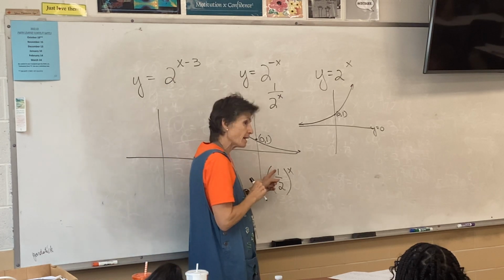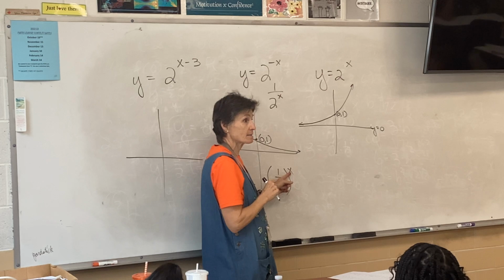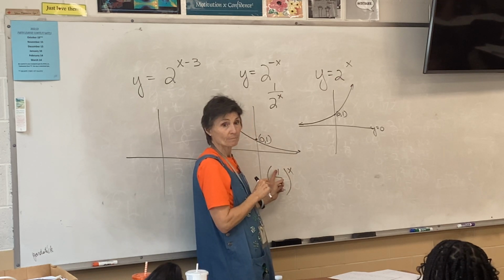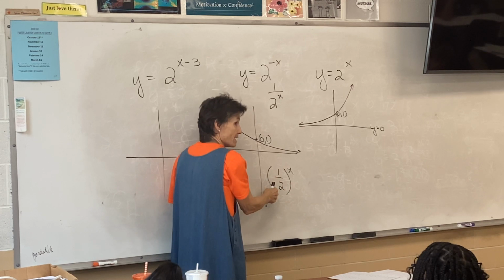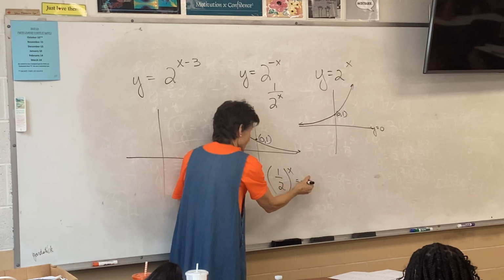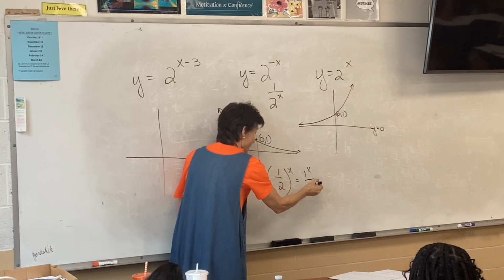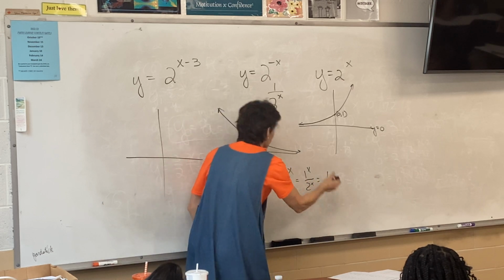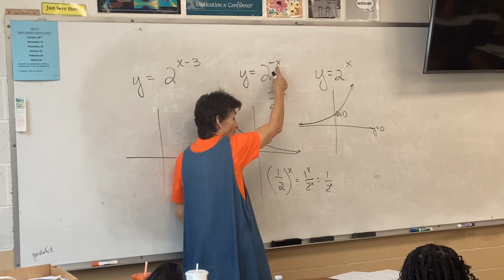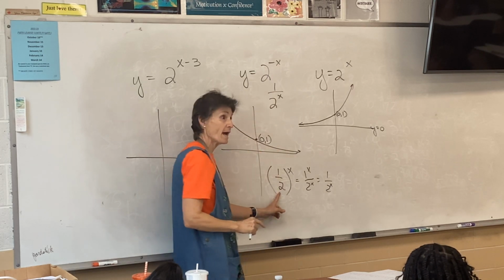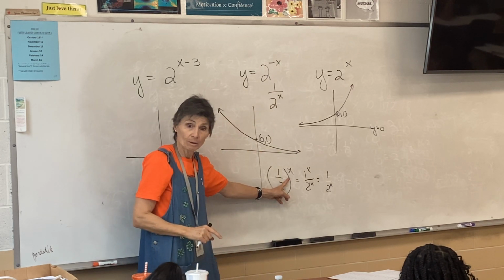So, can't I say 1 to the x, and won't that still be 1? So yes, this and this are the same, because this is 1 to the x over 2 to the x, which is 1/2 to the x, right? So 2 to a negative power is the same as 1/2 to that same power, positive.